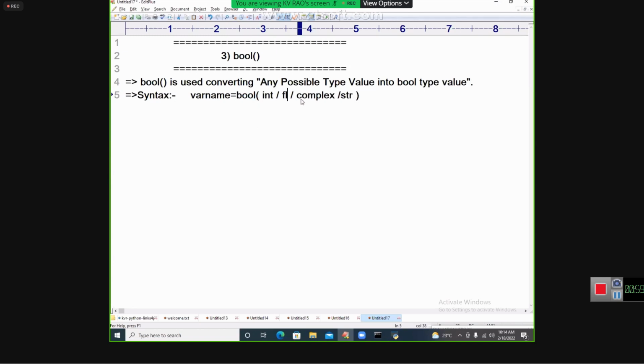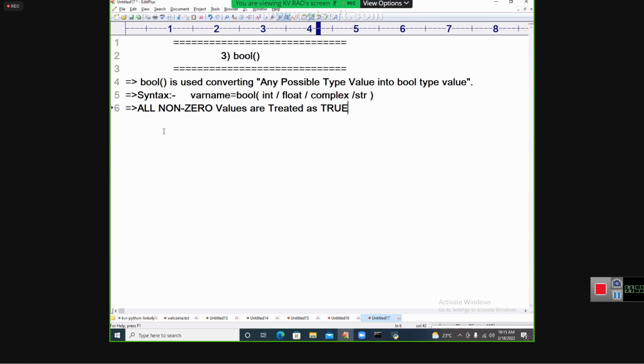Now let me give you one small hint. A big sentence I'll write. All non-zero values are treated as true.